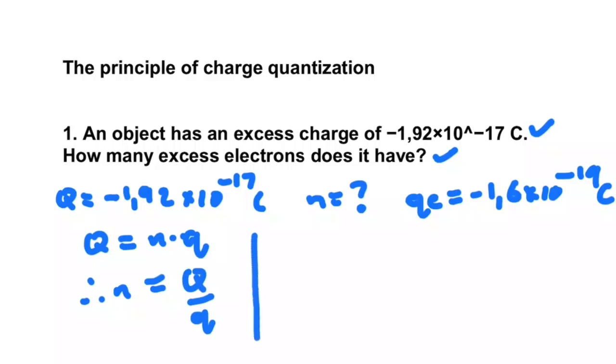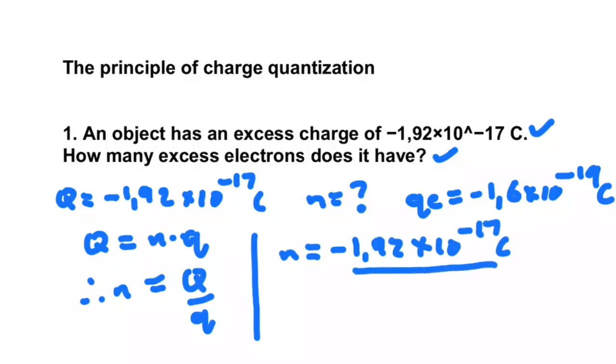So using this formula, we're going to have N being equal to the charge of our object, that is minus 1.92 times 10 to the minus 17 coulombs divided by the charge of an electron. The charge of an electron, minus 1.6 times 10 to the minus 19.